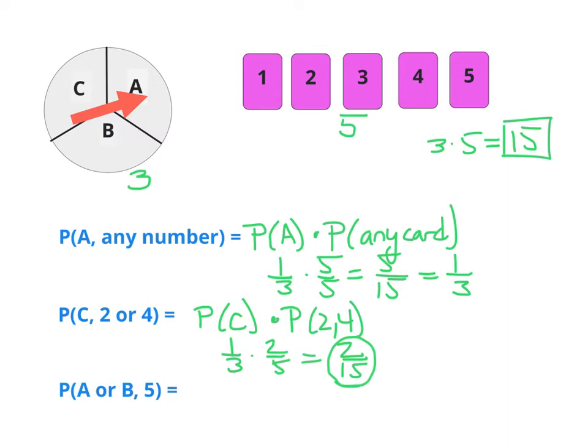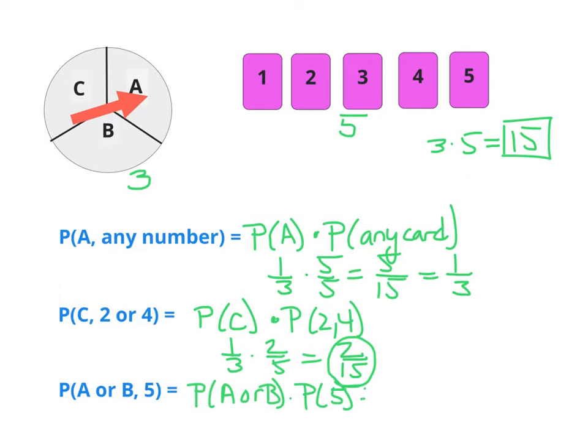Now let's look at the last one. The probability of spinning an A or a B and pulling a 5 out of that deck of cards would be the two simple probabilities: the probability of spinning A or B, multiplied by the probability of pulling a 5 out of that deck of cards.